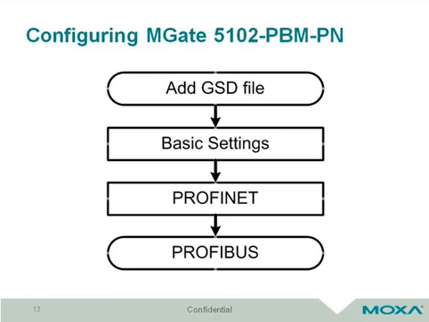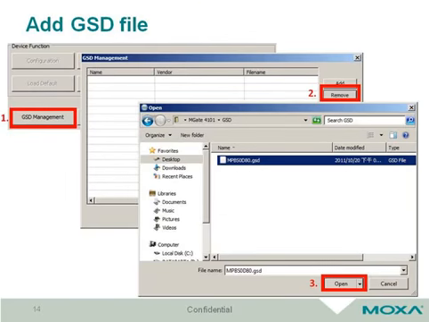How to configure MGate 5102? It's very easy by following these steps: GSD file, basic settings, PROFINET settings, and then PROFIBUS settings. Because one side of MGate 5102 is the PROFIBUS master, it needs information about the PROFIBUS slave.